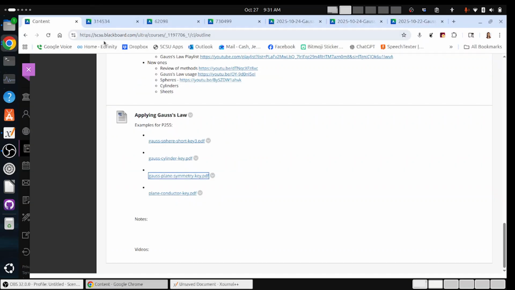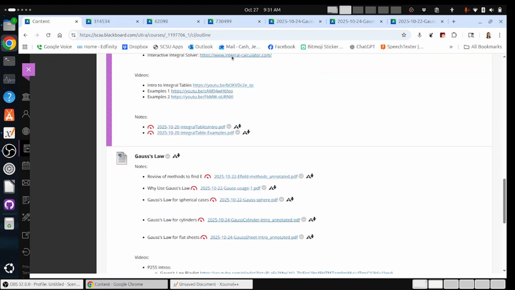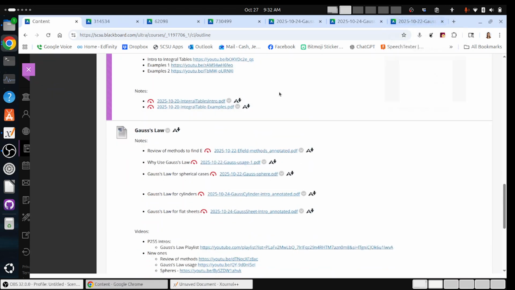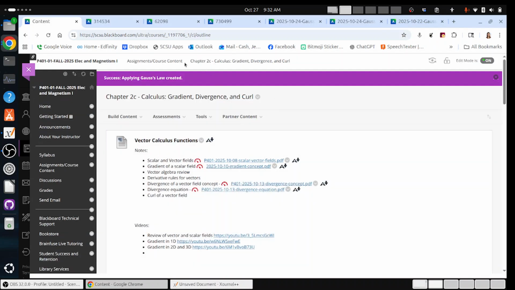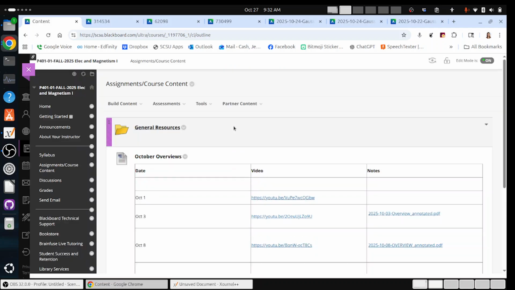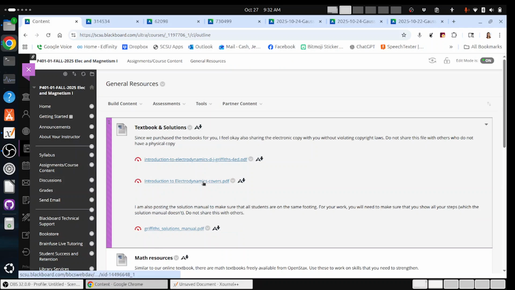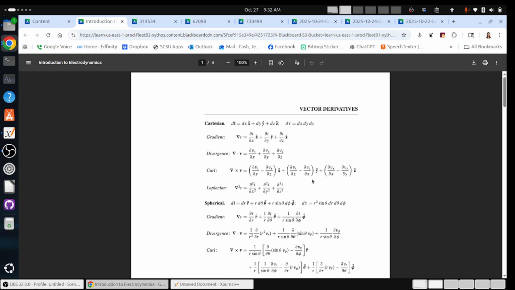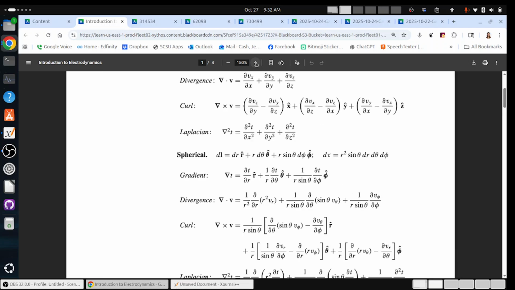So coming over here, I'm just going to open it up from our previous stuff, the covers of the textbook, and grab our spherical in here.